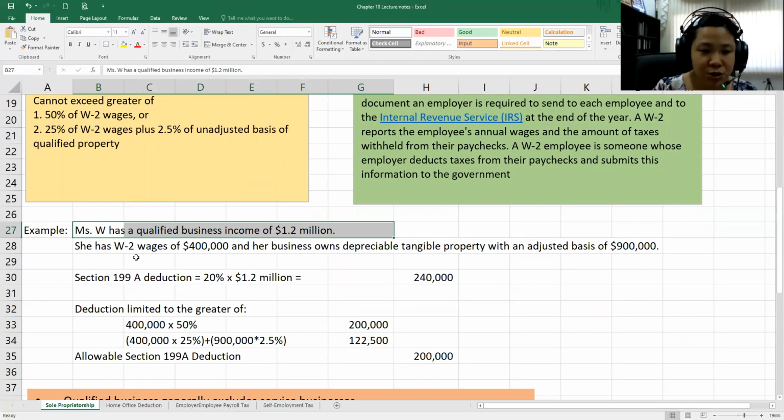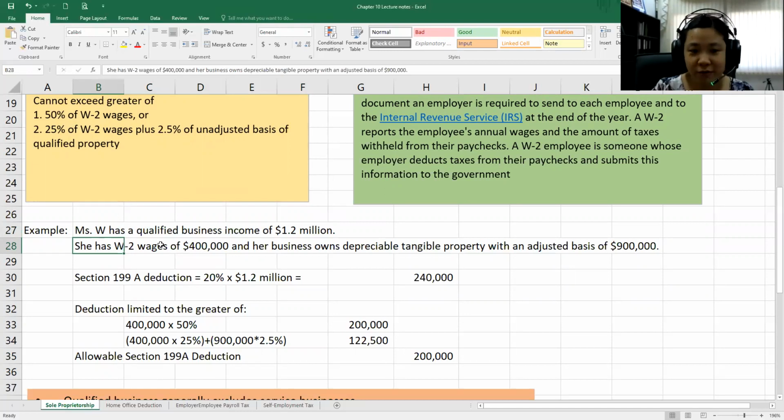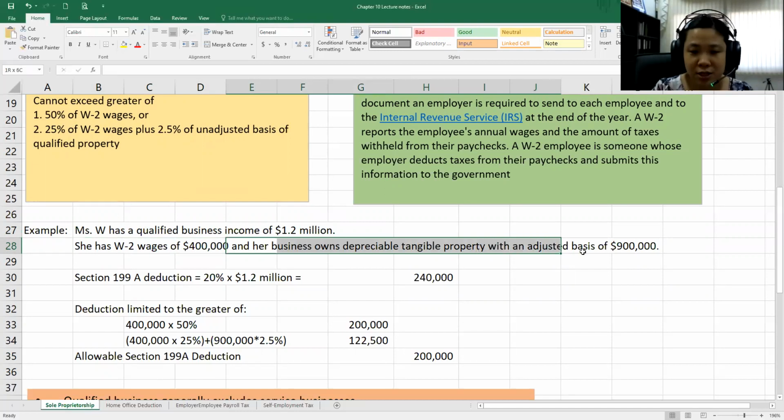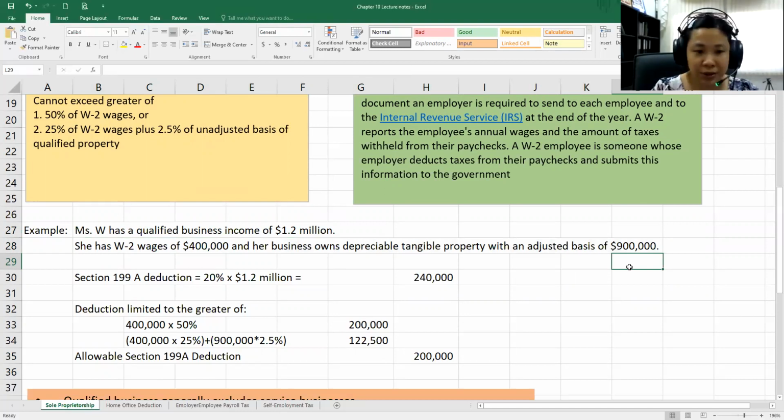She has W2 wages of 400,000 and her business owns depreciable tangible property with an adjusted basis of 900,000. Okay, so how would we do that?